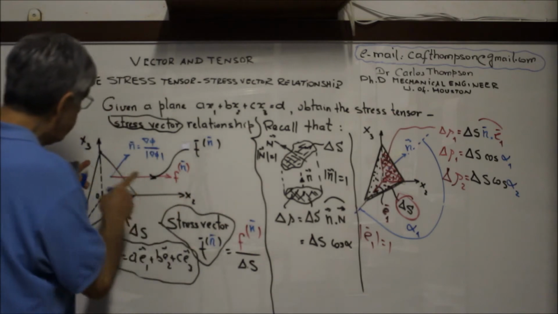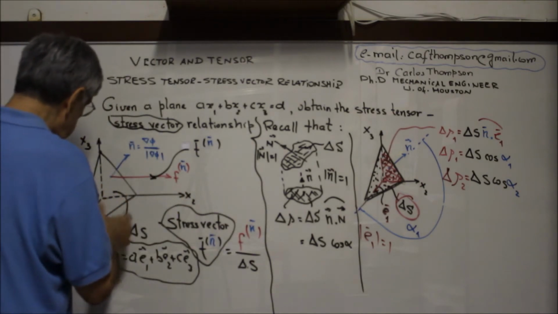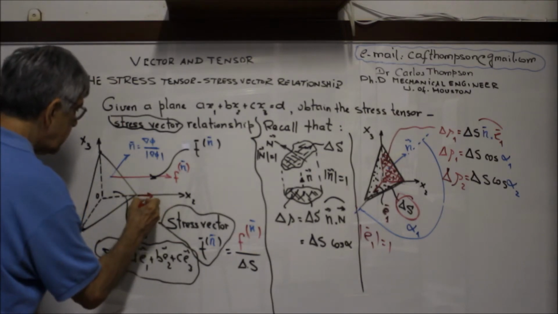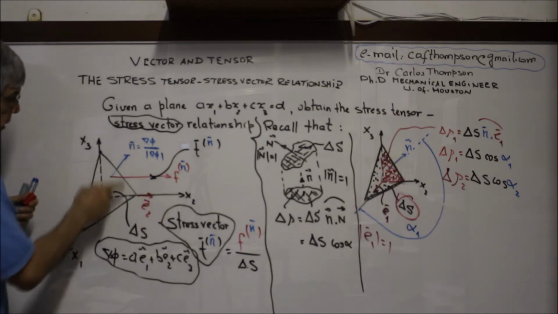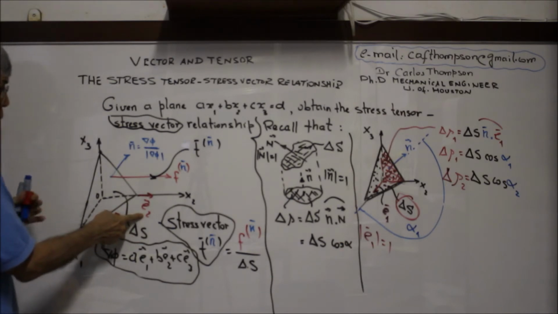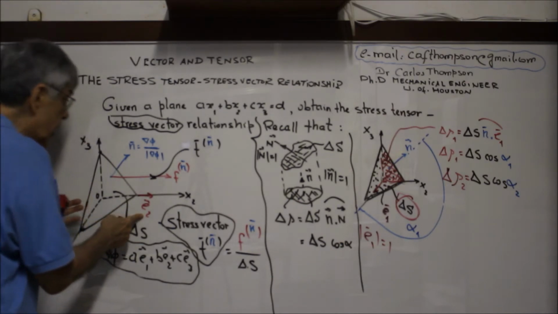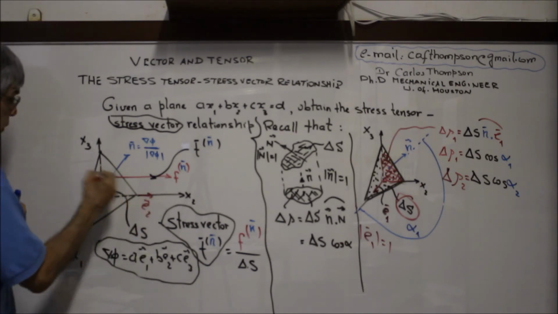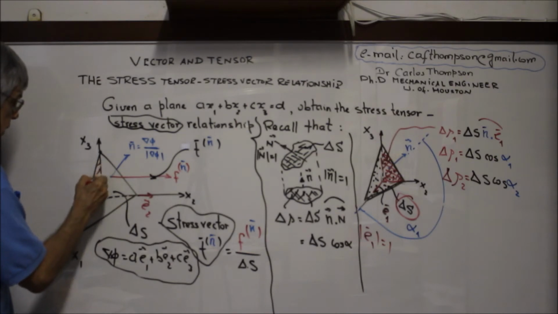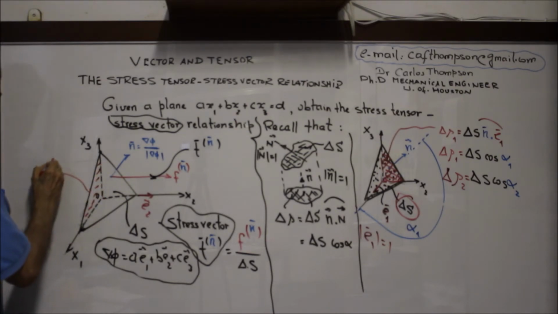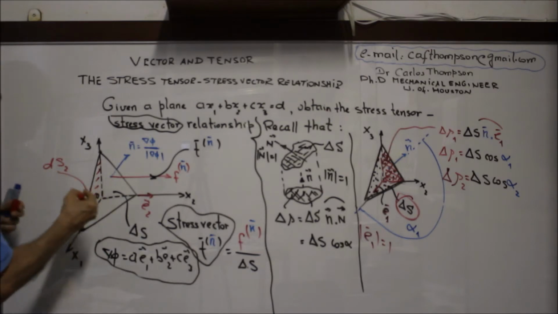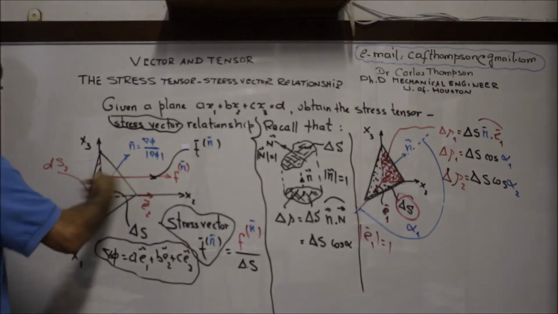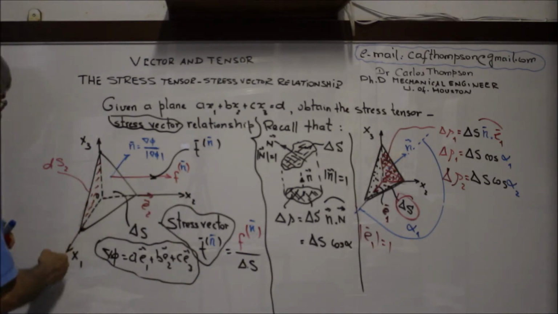Alpha 2 is the angle between n and E2, where x2 is right here. So I get the projected area; attention, the projected area is the area to which E2 is perpendicular. It will be this area over here. This is delta S2.